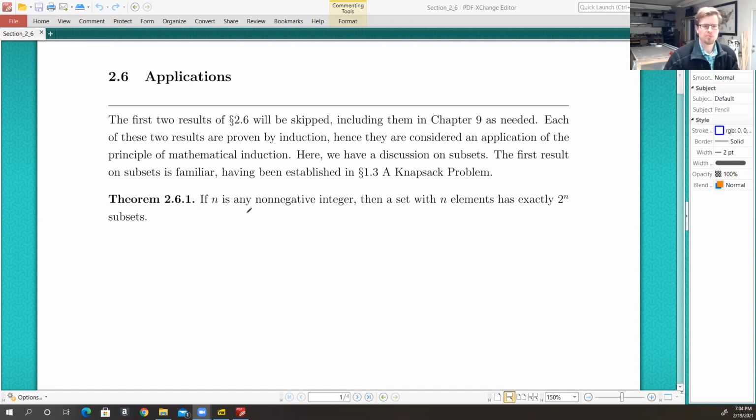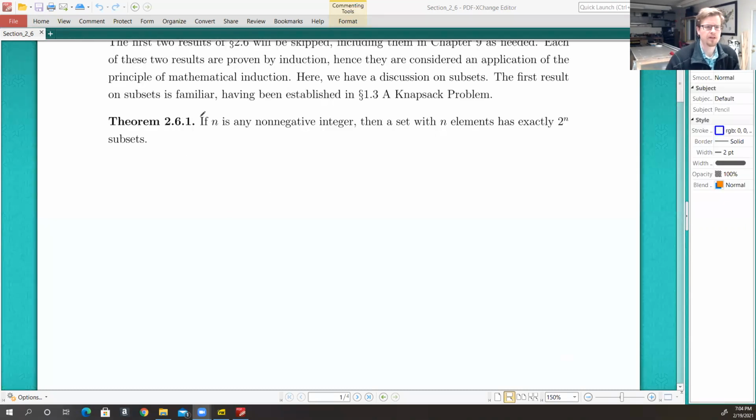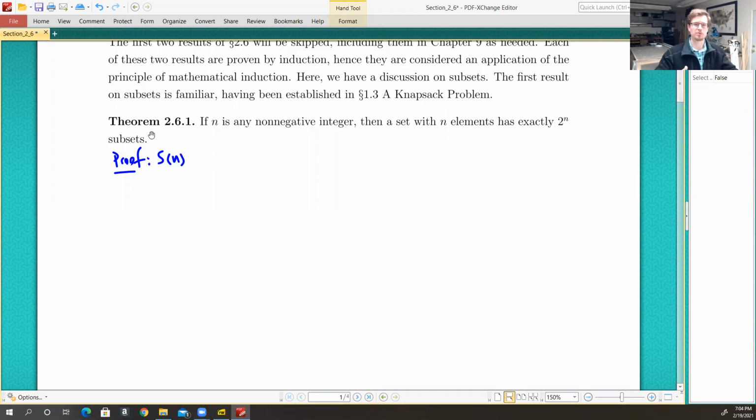So for our proof, we need to have our statement, and this one looks a little bit different because it's not actually an algebraic expression for us to evaluate. Well, it is, but it's 2 to the n, and that's the only thing. It's not quite equals another algebraic expression.